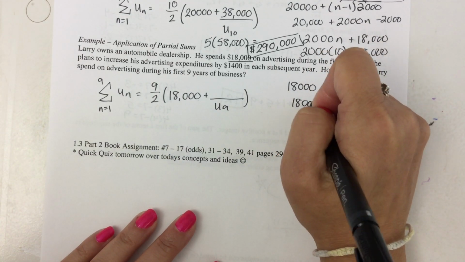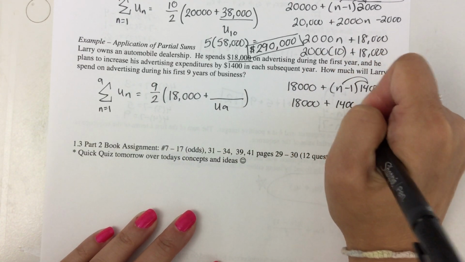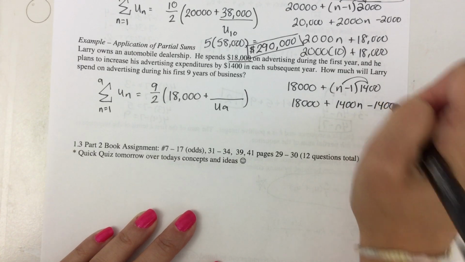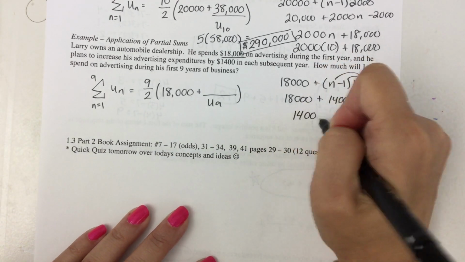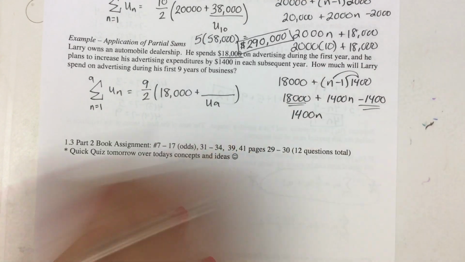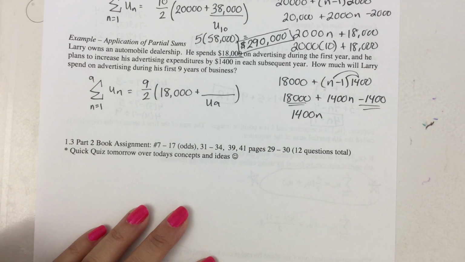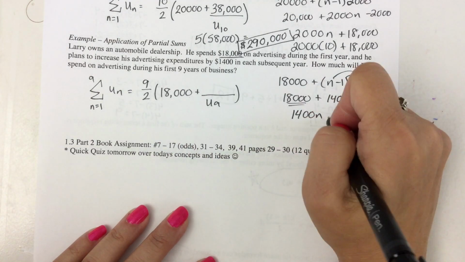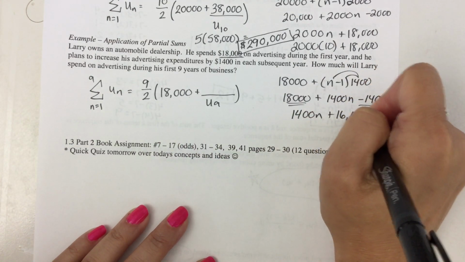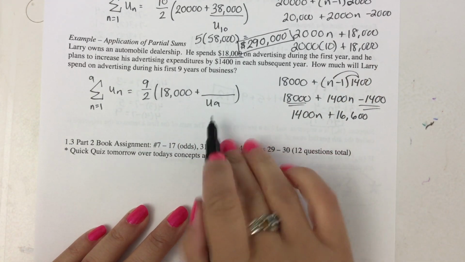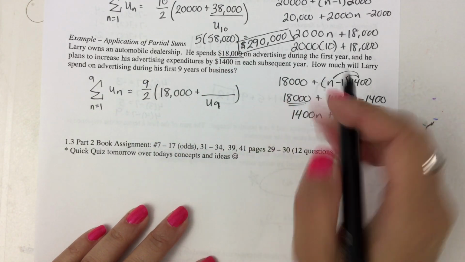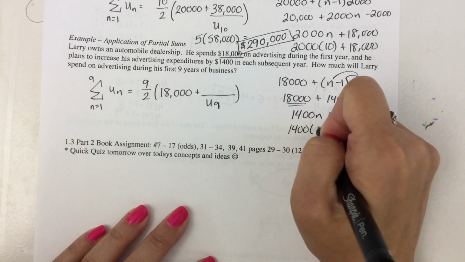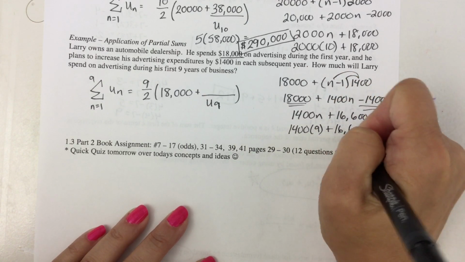Distribute: 18,000 plus 1,400n minus 1,400. Combine your like terms. 1,400n, 18,000 minus 1,400, we have 16,600. If I want to find out how much he spent in the 9th year, I need to replace the n with a 9.